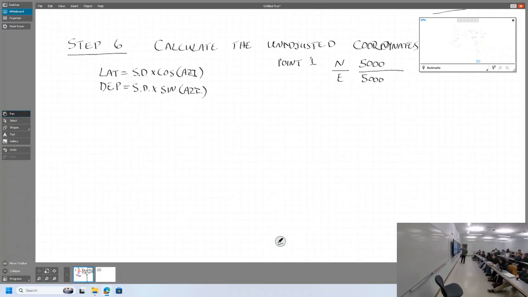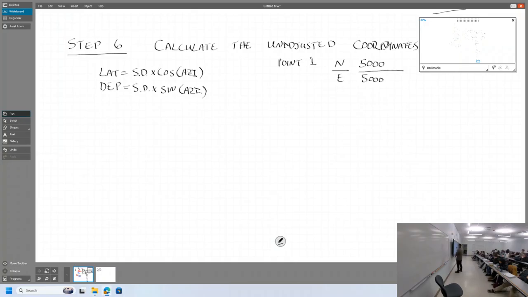You have your station, direct or reverse, the horizontal circle, the zenith, and your slope distance. We're given the slope distance and we figured out the azimuth, so it's just plugging those numbers in and using our 5,000, 5,000 starting point.